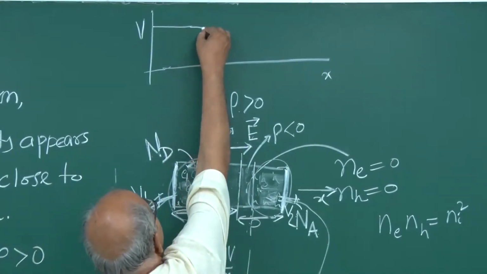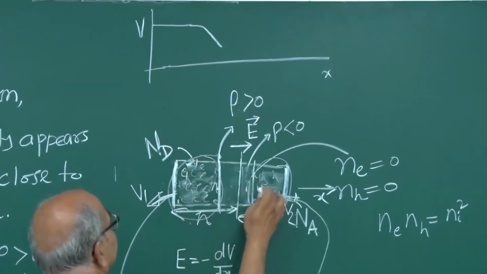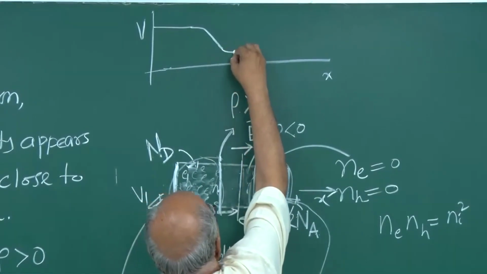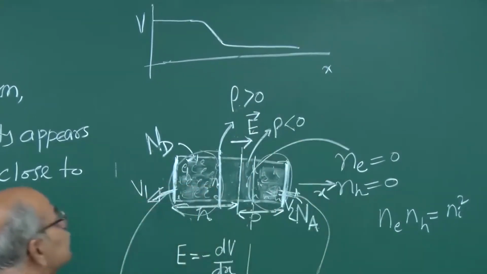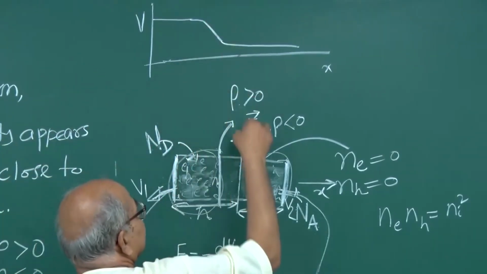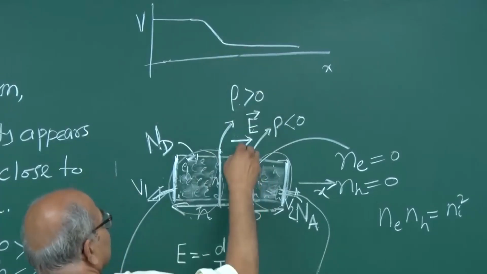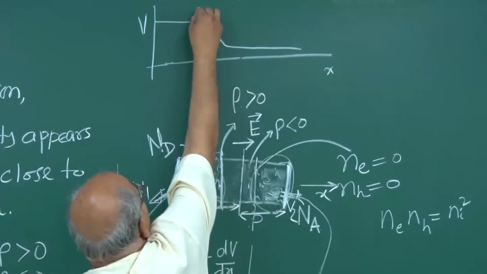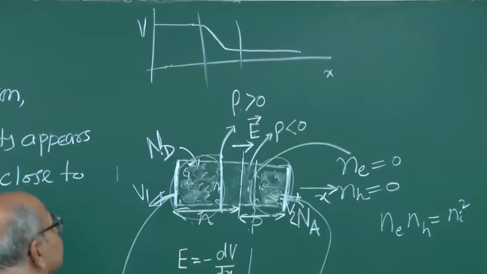So it goes like this, and then again it becomes constant. This is how the potential as a function of x will look. This is the potential, this is the depletion region.